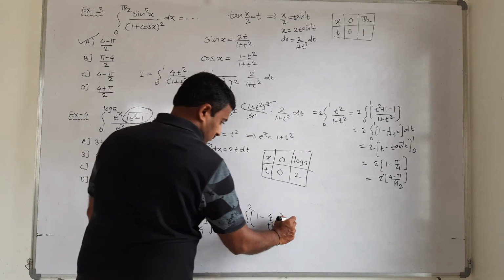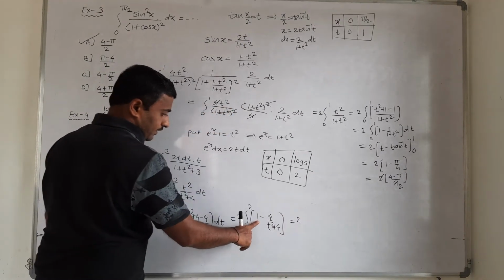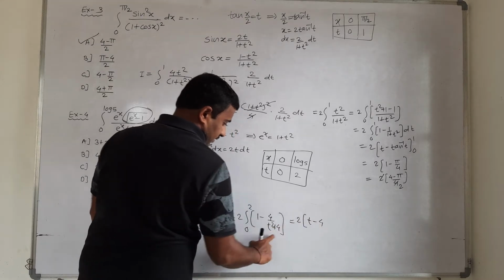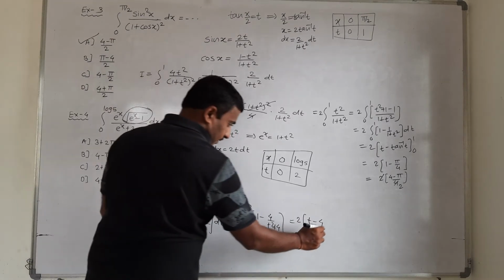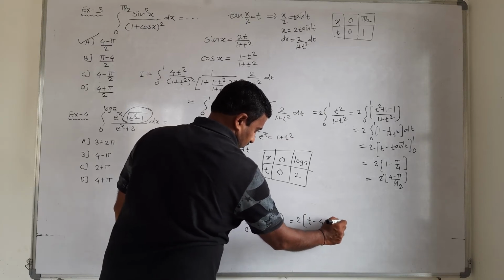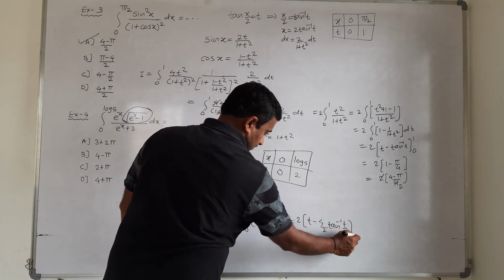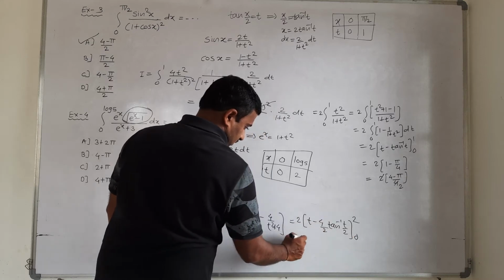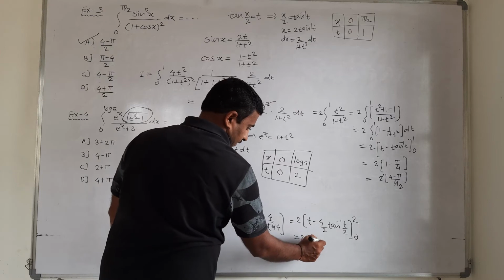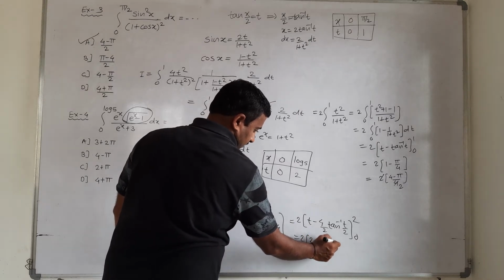Integration of 1 is t, minus 4 times integration of 1 upon x square plus a square type, which is 1 by a tan inverse t by a, so 1 by 2 tan inverse t by 2, limits 0 to 2. Upper limit: 4 by 2 is 2, tan inverse 1.